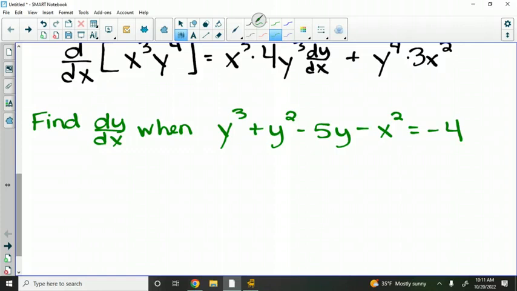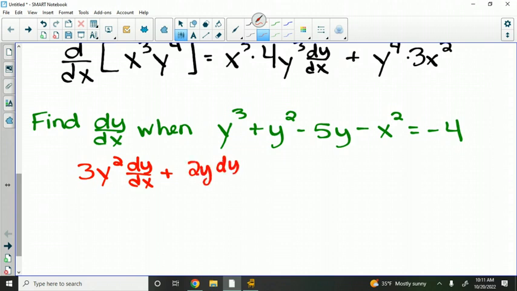So the beginning of this equation is y cubed. And so we'll derive that, a nice little power rule, 3y squared. Because it's a y, we'll put dy dx. Plus, and then we can go to the next one, y squared is going to be 2y, put a dy dx.